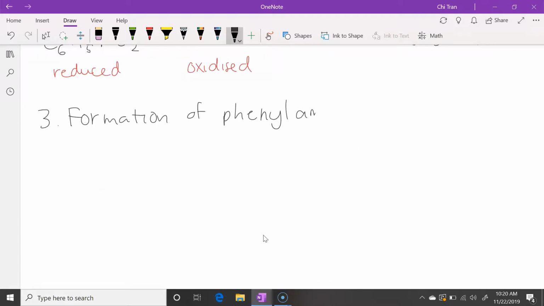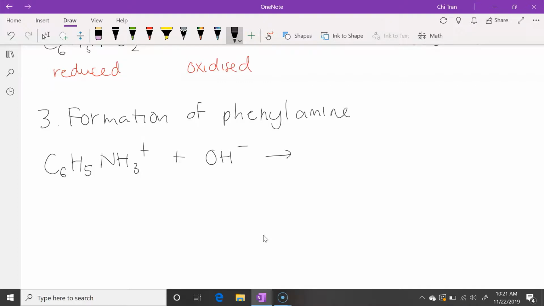Lastly, the third step is the formation of phenylamine. It's a molecule of reduced nitrobenzene that we got from the previous step, and it's acting as an acid reacting with a base, which is OH-.